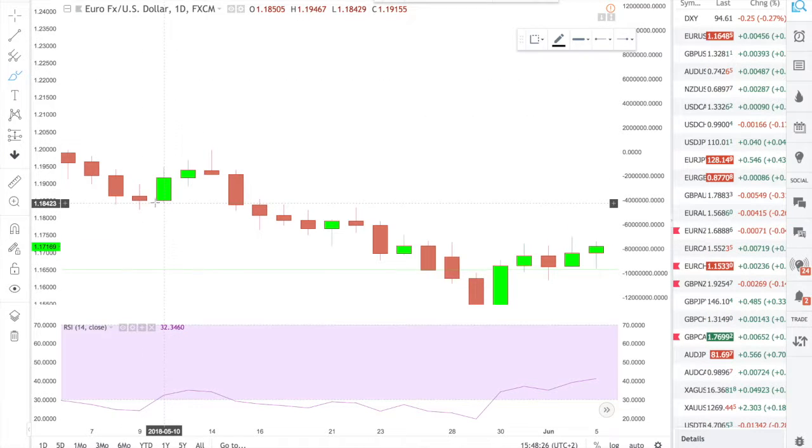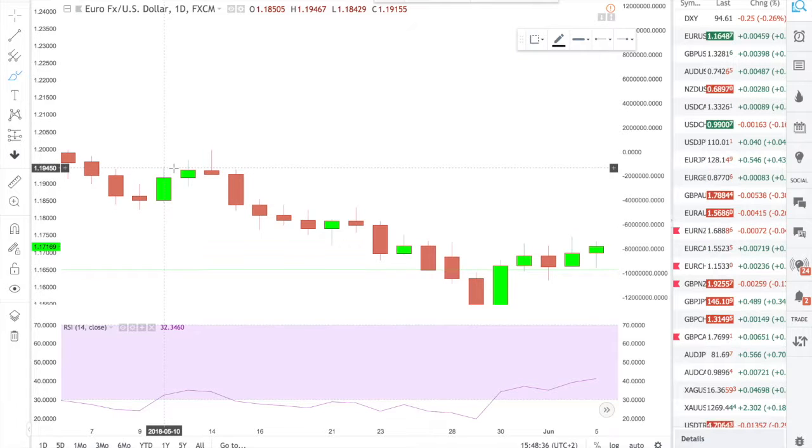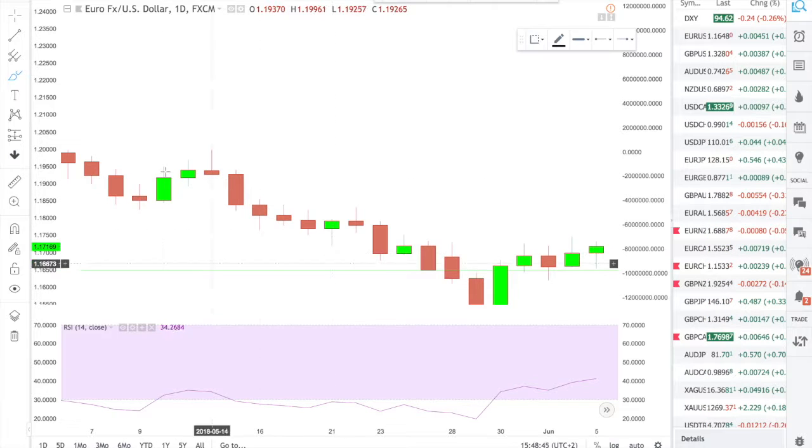At the beginning of this day, the price was here, and it went all the way up to this point. Afterwards price stopped, and at the end of the day, price was right here. That's why the body begins here and ends here.